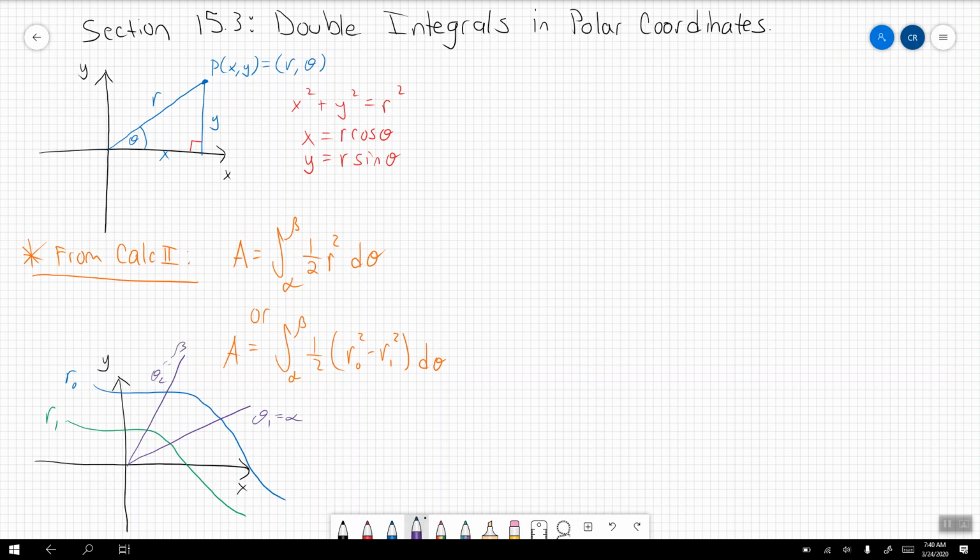Now the area of the sector that we're looking at here is going to be this area right in here. And that area of the sector is what this formula was calculating. It said, hey, what you need to do is find the difference between the radii squared and then multiply it by 1/2.